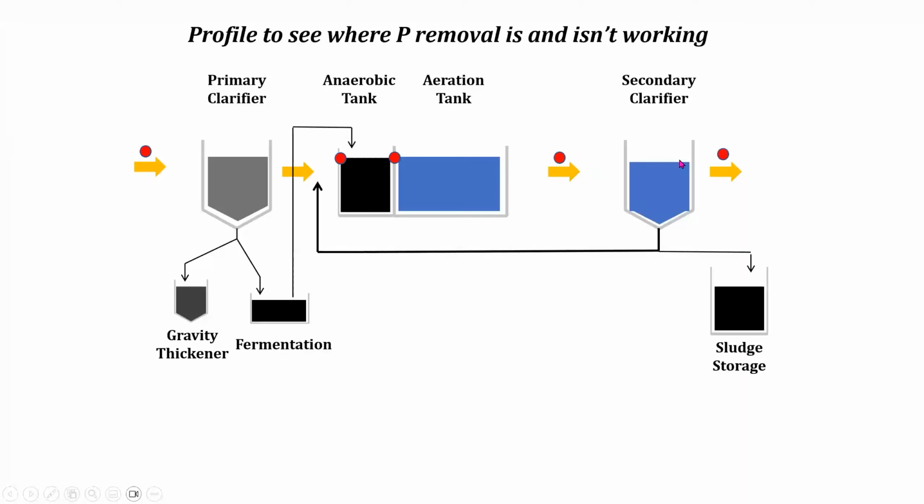But it's not unusual for this number to be a little bit higher. There'll be a little bit of phosphorus release in the sludge blanket. So what's that mean? If this number starts to go a lot higher relative to this number, it means we're getting re-release of phosphorus somewhere between that point and this point, probably in a sludge blanket.